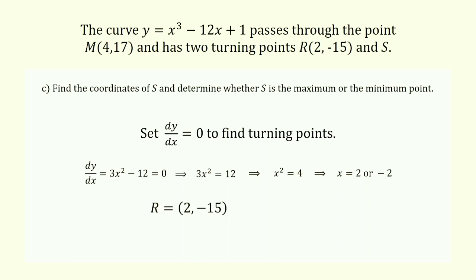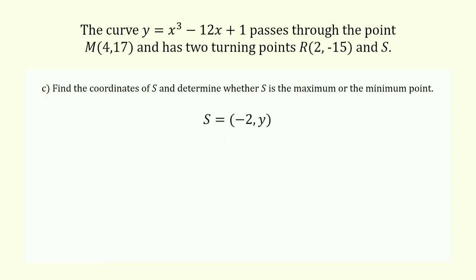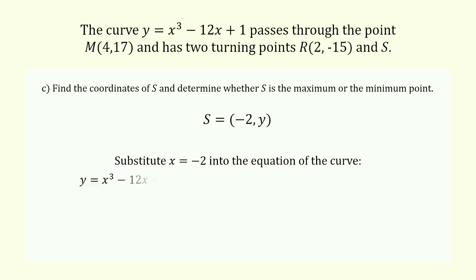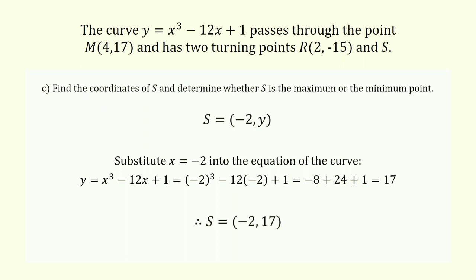Since the x coordinate of R is 2, the x coordinate of S would be negative 2. Now we can find the y coordinate of S by substituting the x into the equation of the curve. So it will be y equals (negative 2)³ minus 12 times negative 2 plus 1. So we get negative 8 plus 24 plus 1, which we will get 17. Thus S is equal to (negative 2, 17).